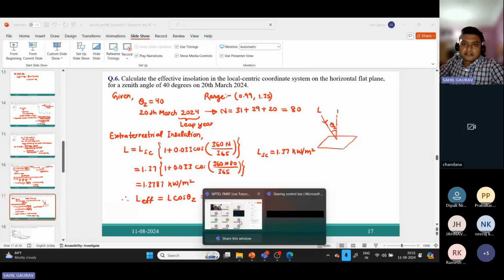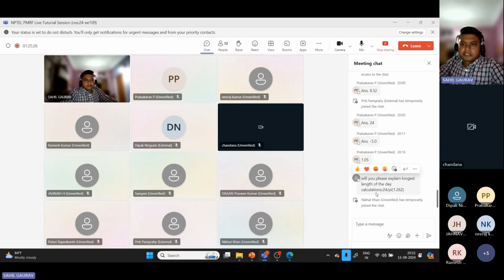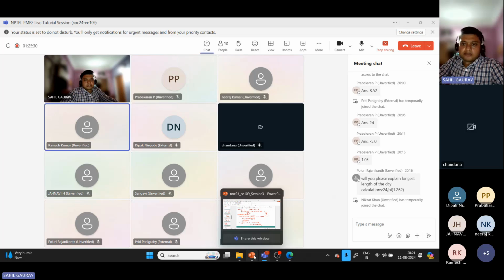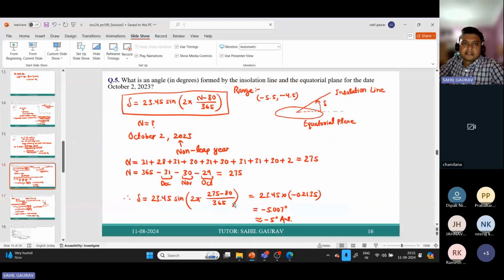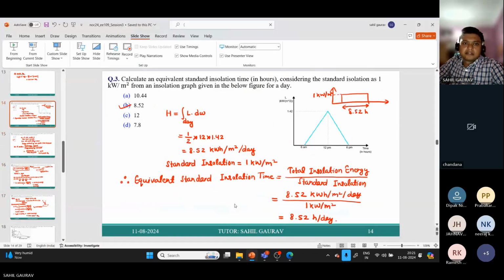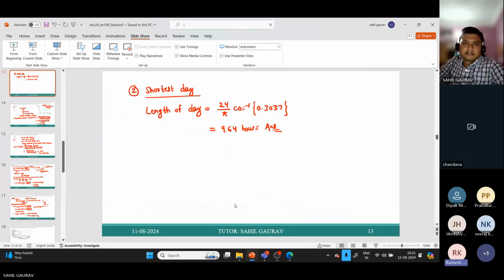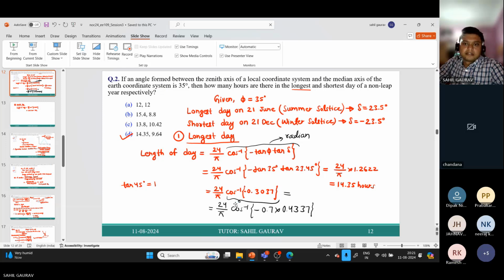So someone was asking about the back problem. Will you please find the longest length of the day, 24 upon pi, 1.262? Rajnikant, so this one. What is the doubt here?